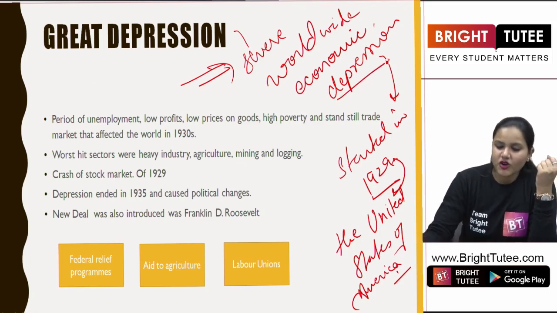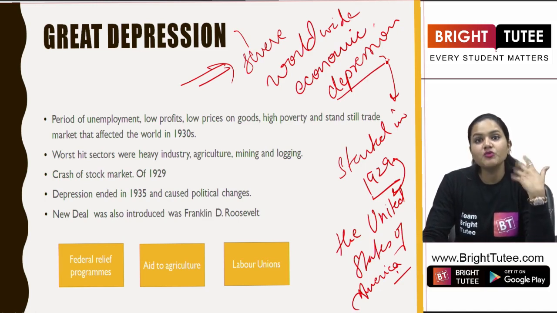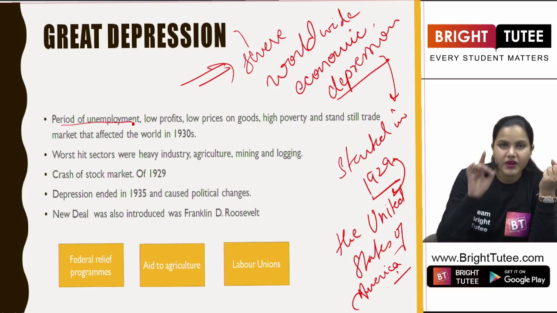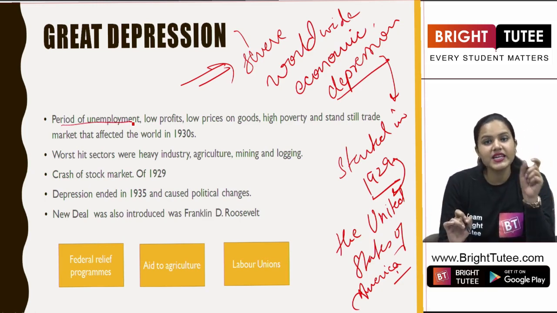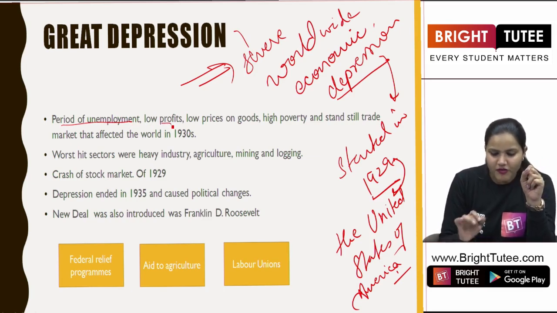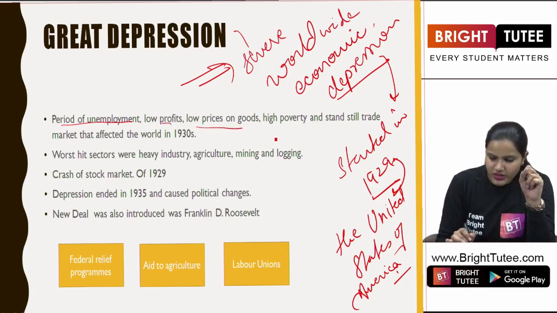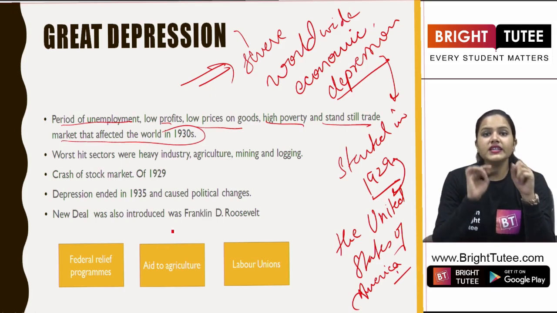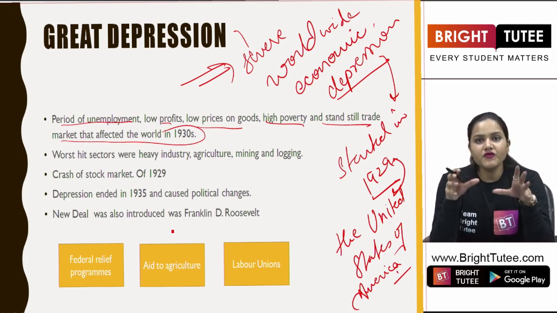So like I told you, it was an economic depression. Economic depression, what does that mean? It means a period of unemployment, a state in which people have no jobs, right? Low profits, low prices on goods, high poverty and a standstill trade market that affected the whole world in the 1930s.